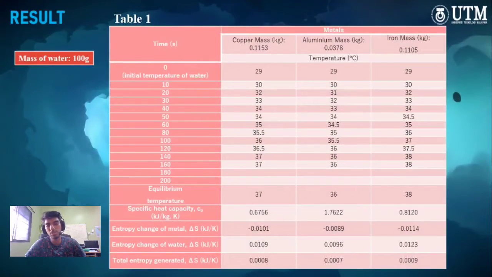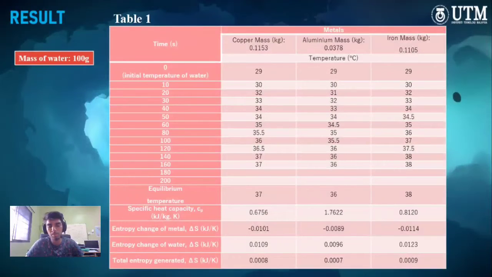According to the methodology also, each and every metal is heated until 80 degrees Celsius and is quickly transferred to the container filled with water. So the temperature of water at every 10-second interval is recorded in this table 1.